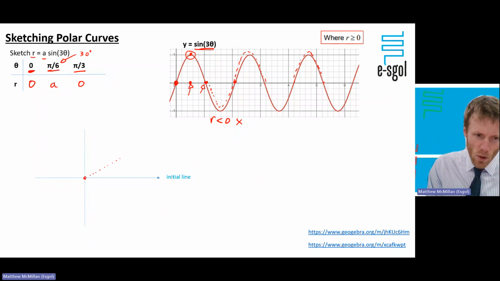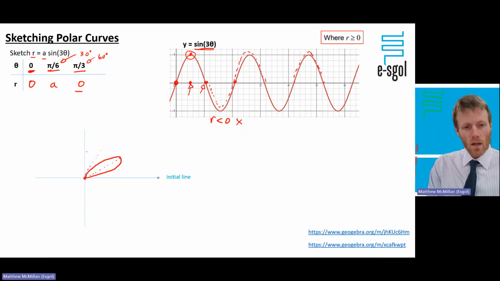And we're approaching that point. The radius is getting longer and longer, and then it's approaching there. It then is going to start heading back in towards 0. If pi is 180 degrees, that's about 60 degrees. It should be coming in at an angle of about 60 degrees, roughly there. So we'll get this sort of petal coming in like that.